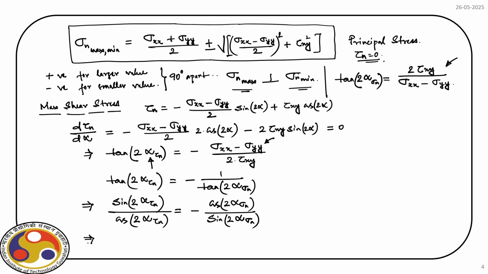That means, we can further simplify this expression. So, we have cosine of twice alpha sigma n times cosine of twice alpha tau n plus sine of twice alpha sigma n times sine of twice alpha tau n is equal to 0.